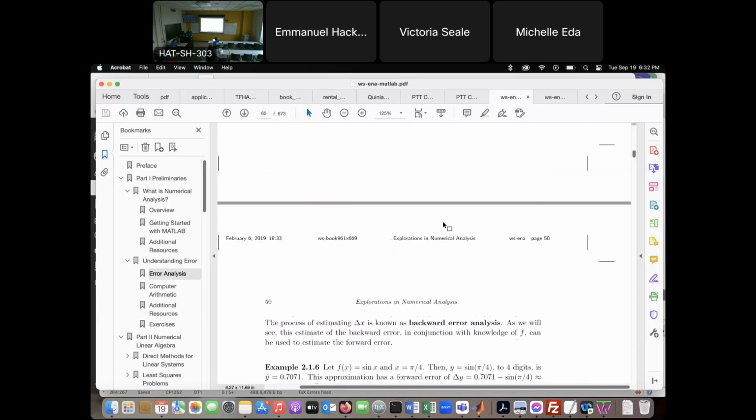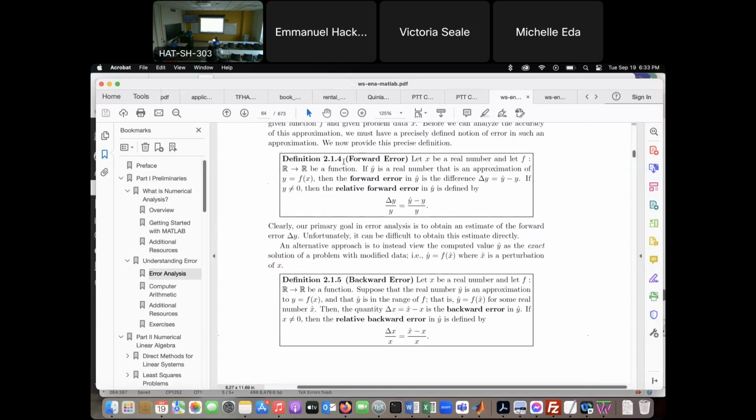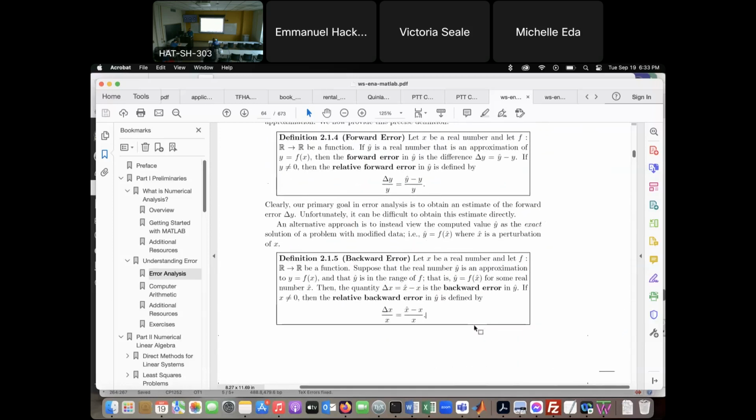There are 4 errors in total, and you get them using these 4 formulas: your forward error, relative forward error, backward error, and relative backward error. The one for delta y is the forward error.